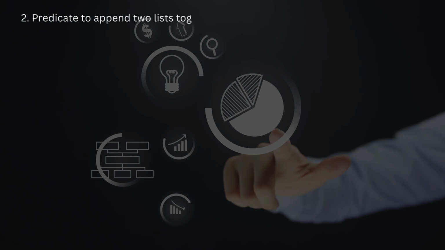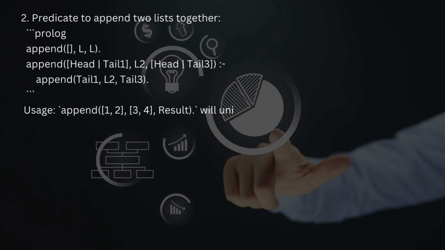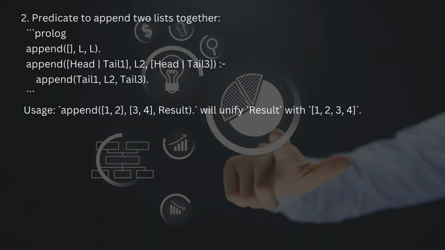Now, a predicate to append two lists together. How can we append? In Prolog you have to use the append predicate. append([], L, L). Then append([Head|Tail1], L2, [Head|Tail3]) :- append(Tail1, L2, Tail3). How can you use this?